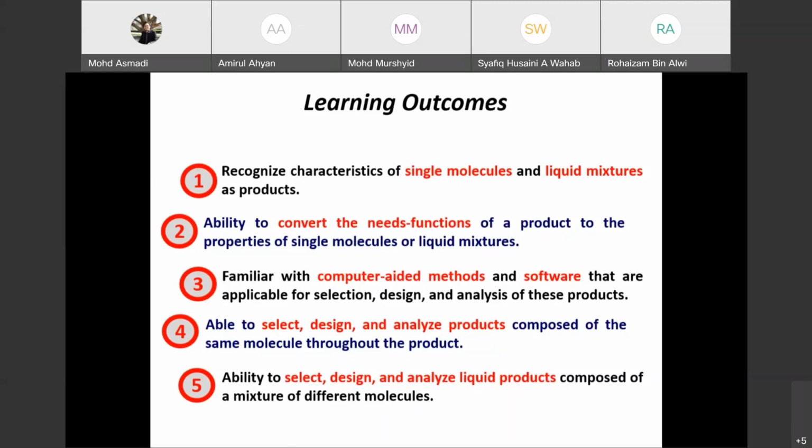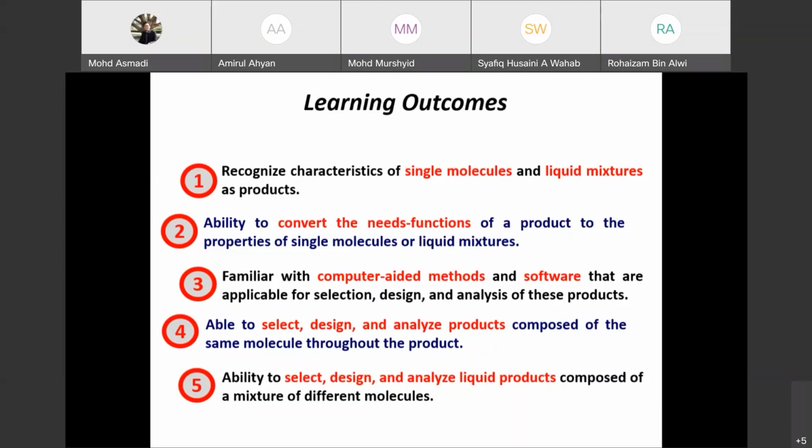If you remember, how can we convert from the qualitative to the quantitative? Okay, so that is important. Needs, function and also constraints lah. Sebab kalau needs daripada consumer, kalau you tak transfer kepada quantitative, how you measure and how you insert the input into the software. Okay, itu yang penting.